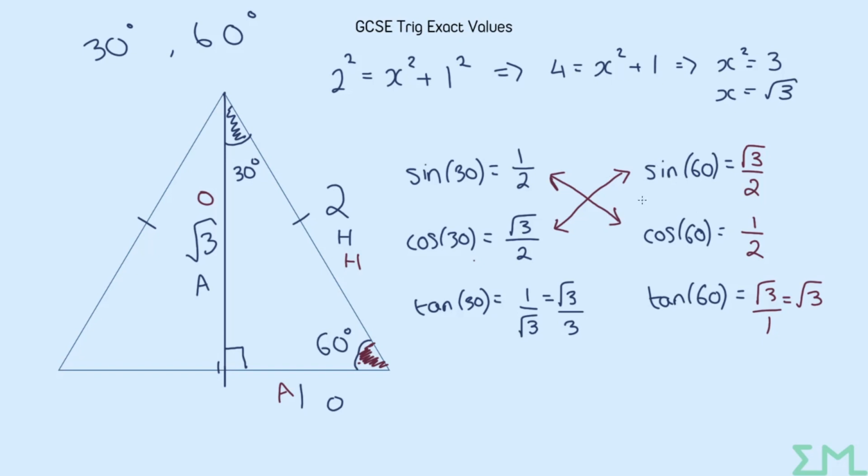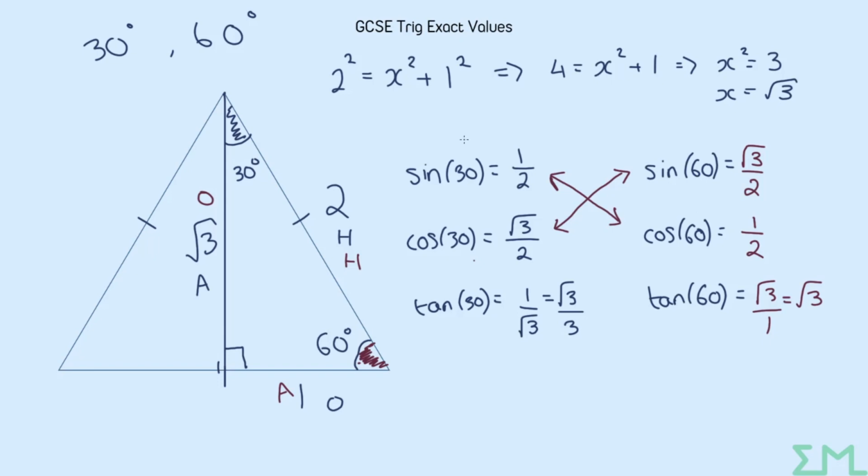It's all to do with the fact that the sine graph and the cos graph are related to each other by that 90-degree shift. I recommend that you have a look at the trig graph video to see that. And then you'll also notice that your tan values are the reciprocal of each other. So 1 over root 3 and root 3 are the reciprocal of each other.